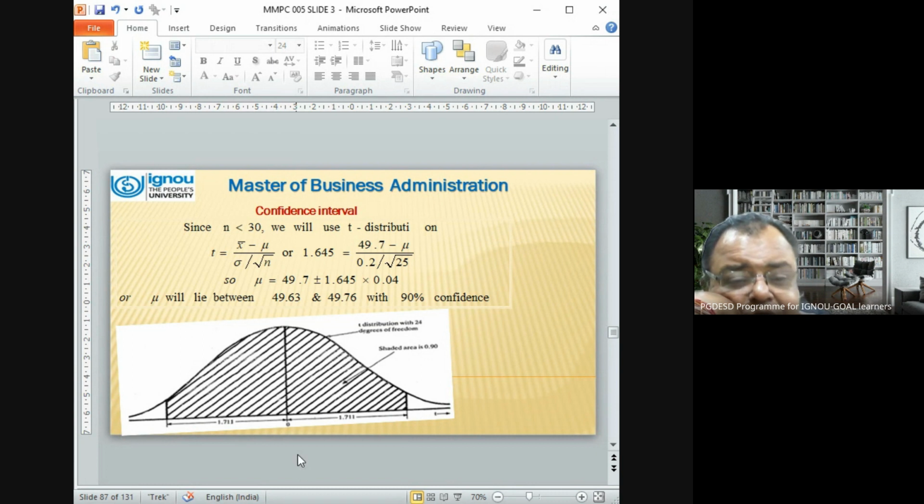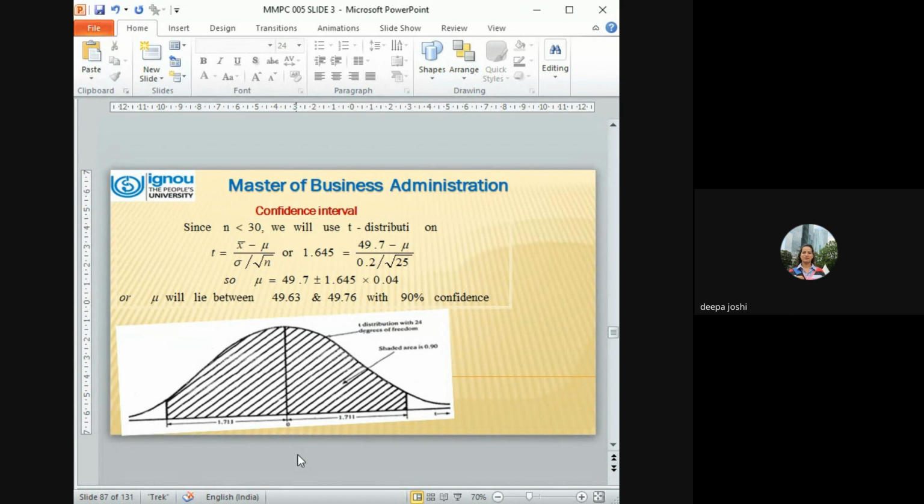I just want to know how many of you are aware of why this plus minus is written in this. No idea. No, sir.